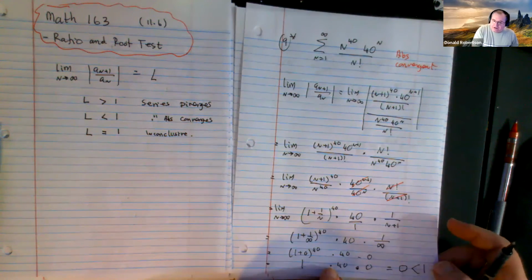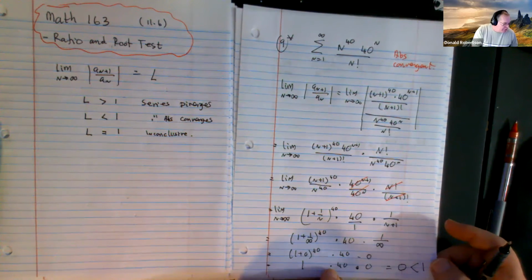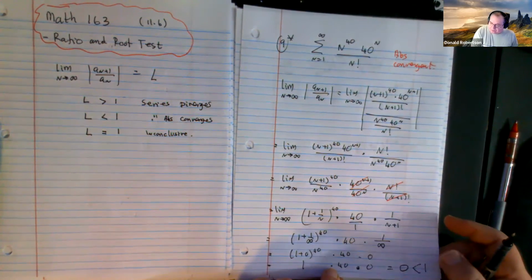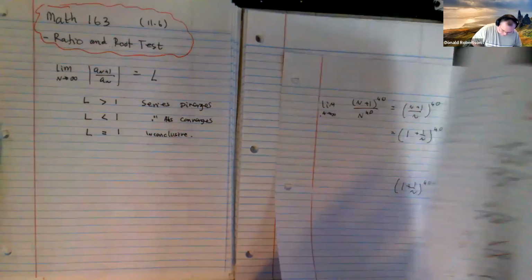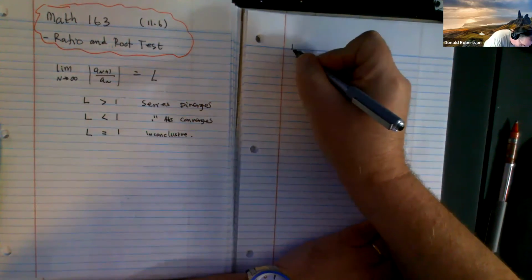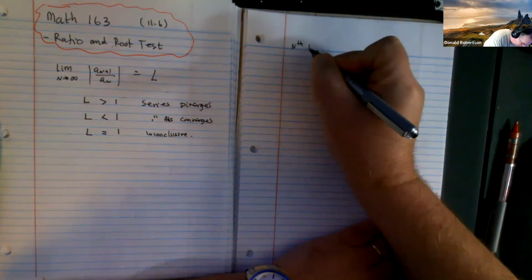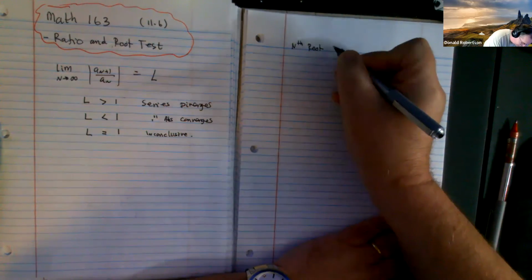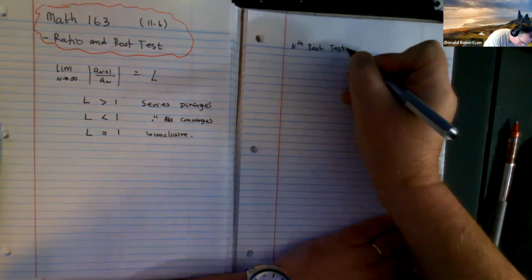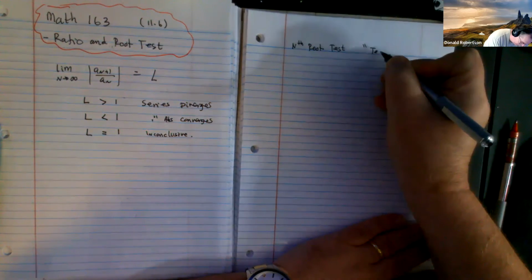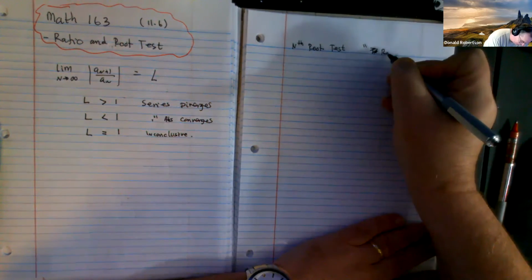Going to move on to the ratio test, which is our final test. Okay, that works. We're now going to do the nth root test, or as this book calls it, the root test.